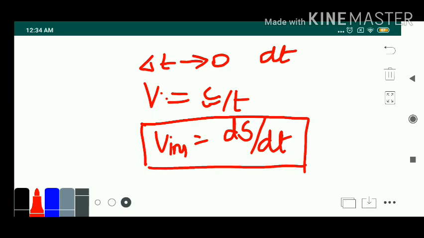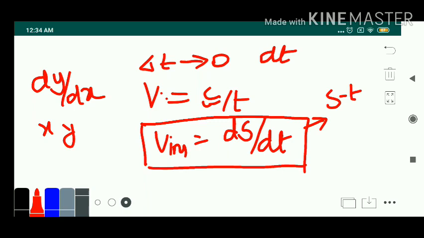Clear? So I just told you, dy by dx gives you the slope of the xy graph. That means ds by dt will give you the slope of what? The st graph.